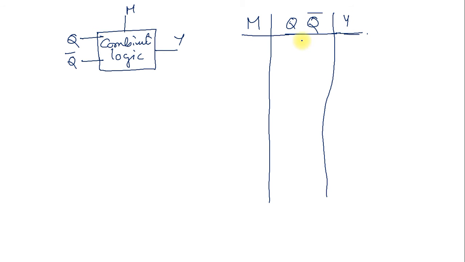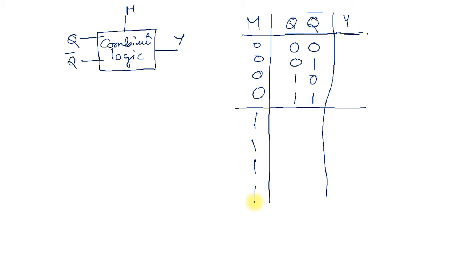Q and Q complement are a 2-bit number, so 4 combinations are possible: 00, 01, 10, 11. M can be 0 for these 4 combinations, and M can be 1 for these 4 combinations. For M equal to 0, the counter will act as an up counter, and for M equal to 1, the counter will work as a down counter.